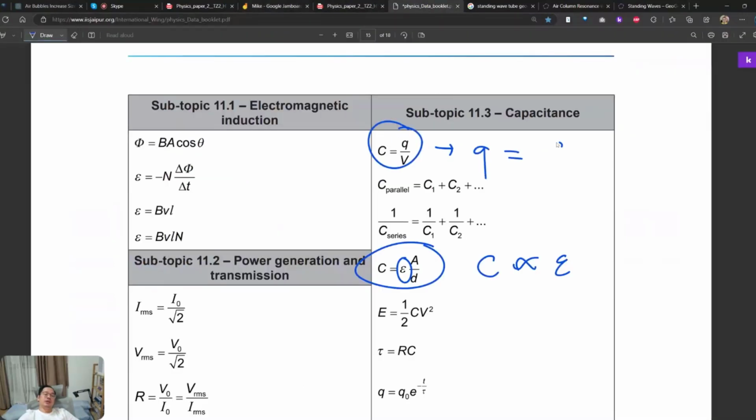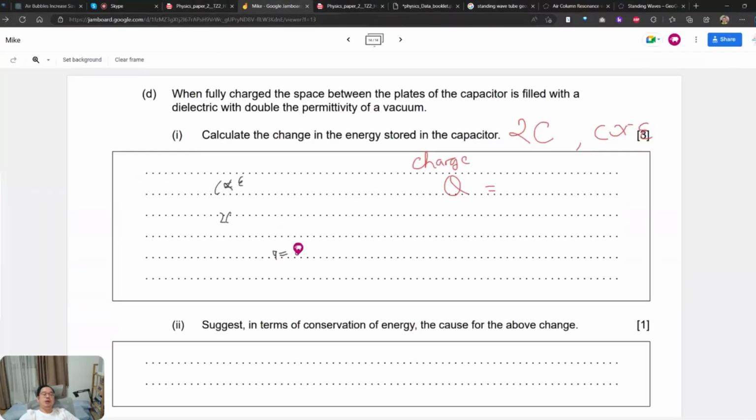So Q is capacitance multiplied with V. Q equals C times V. So now C is double, 2C. For the charge to be the same, the voltage must be halved, so that 2 times 1/2 is the same. Therefore, the voltage now is halved automatically.